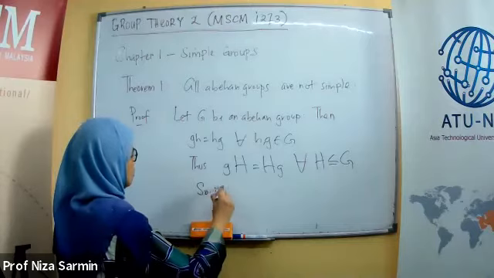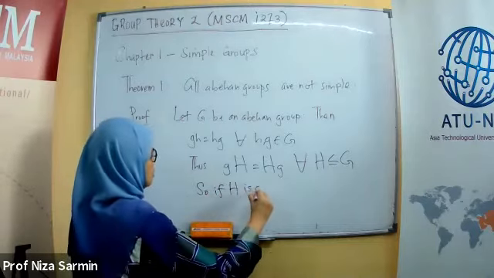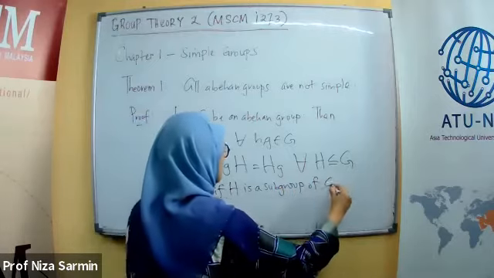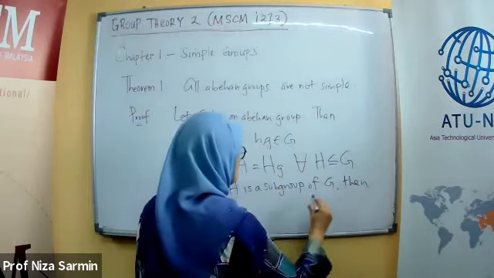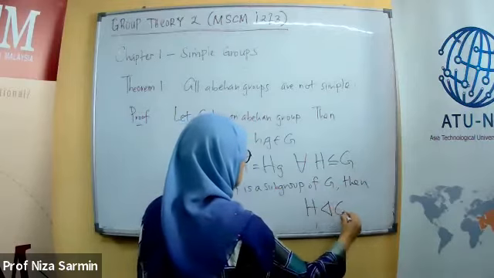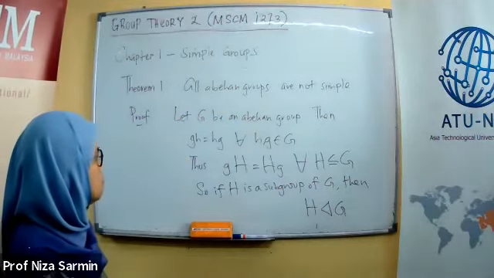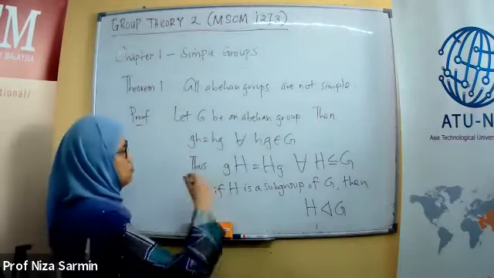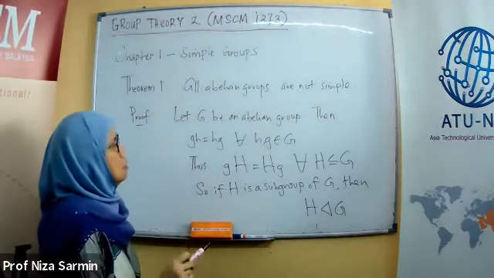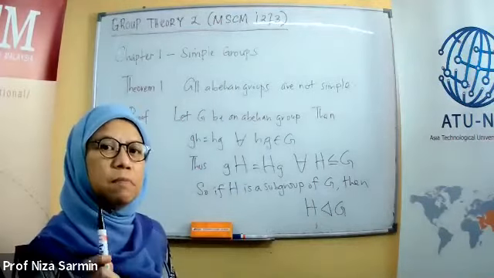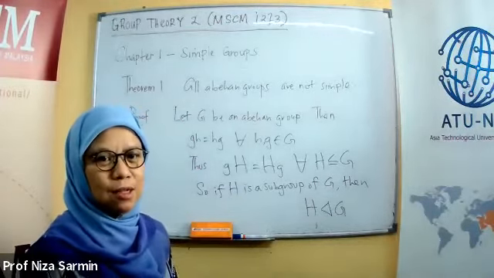So, if H is a subgroup of G, then H is normal. Okay, so this is the proof actually that all subgroups of an abelian group are normal.